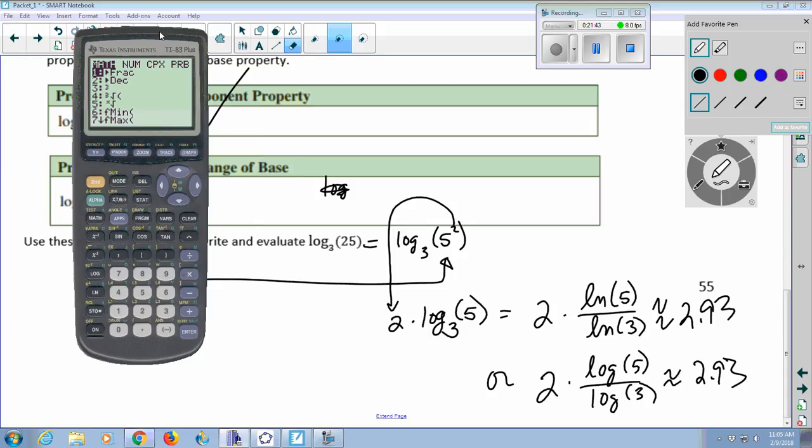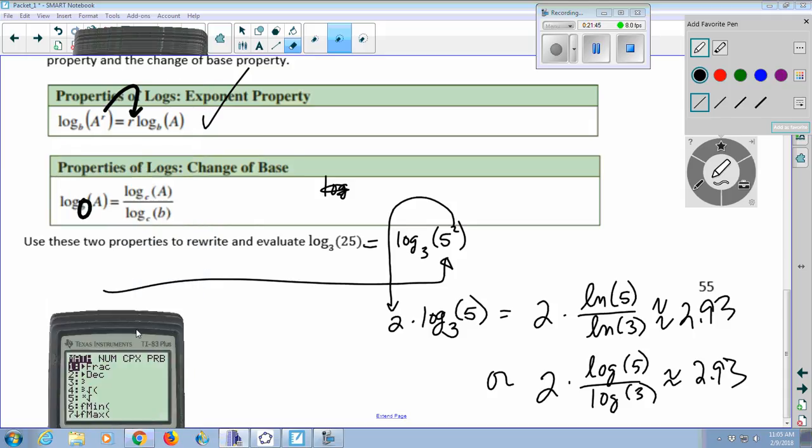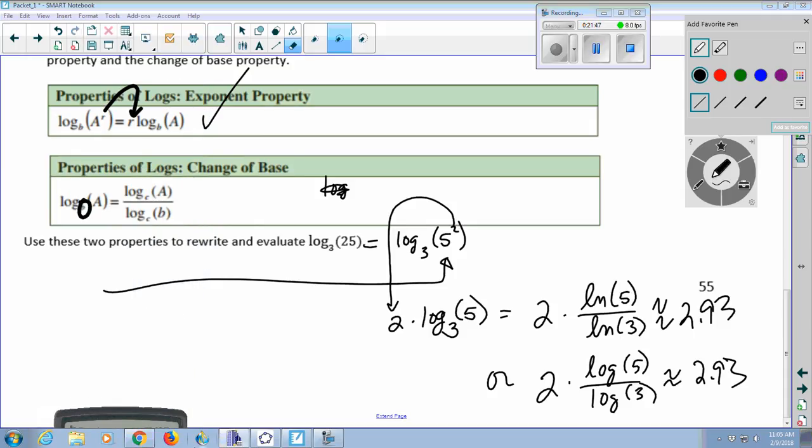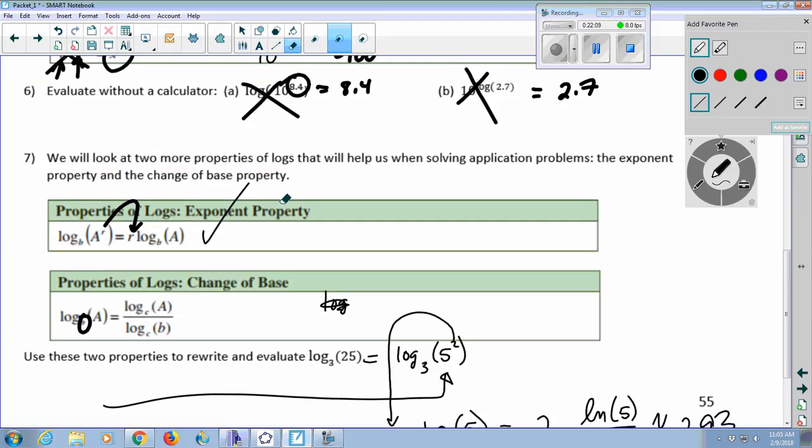So when it comes to tests, graphing calculators, those have logs on them. I don't think that this has. No, you have to use this, right? Sometimes I'm going to want exact answers and sometimes I want estimates. So you'll just use that. That's why we have change of base. So we can use any of these less expensive calculators.